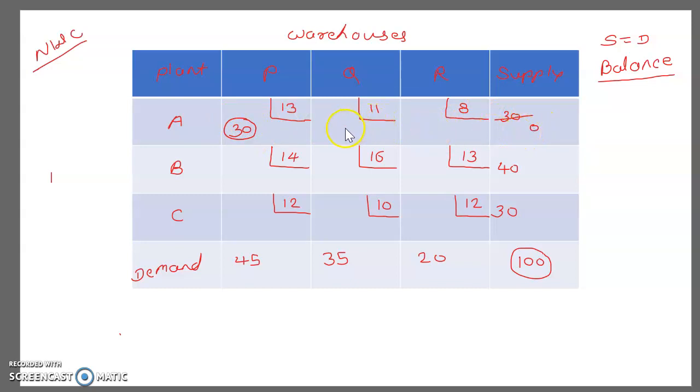So in future, in these two cells in this row, we are not going to allot any single unit. Therefore, I am going to cross out these two cells. On the demand side, we have fulfilled the 30, so 45 minus 30, the balance is 15. So this is the first iteration.